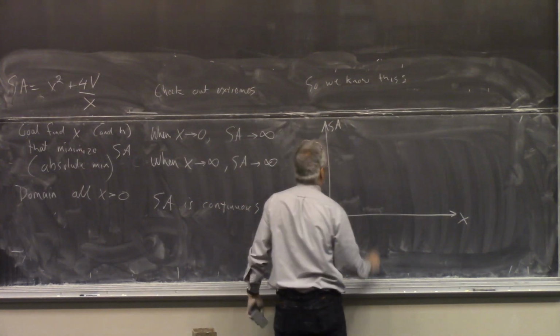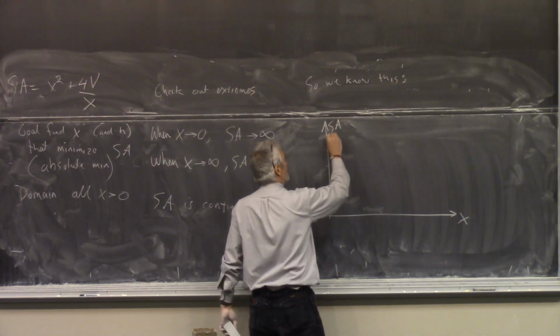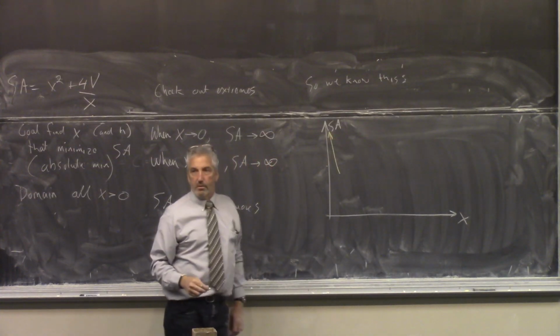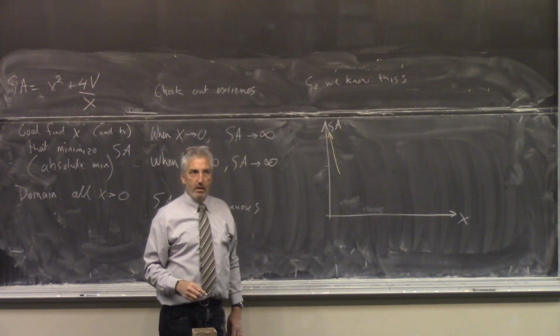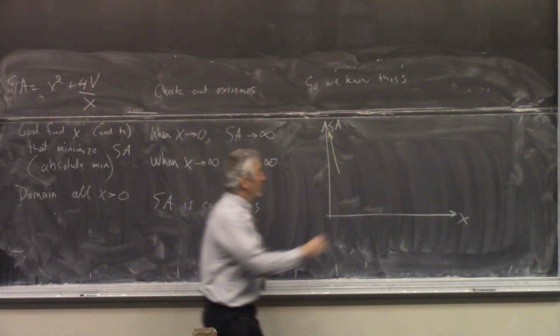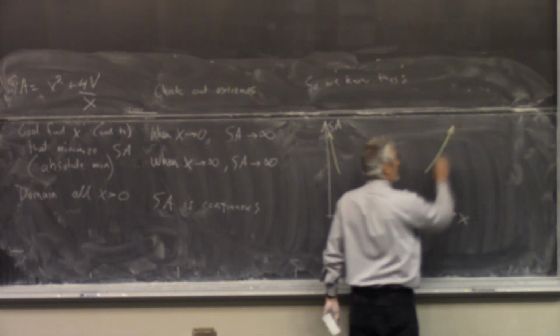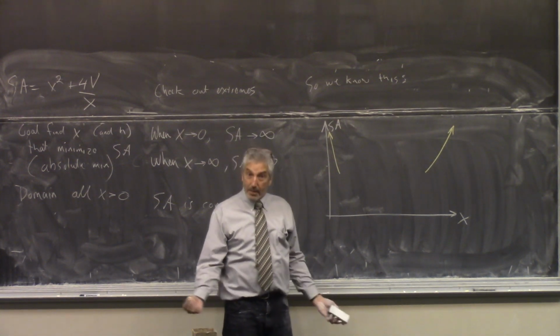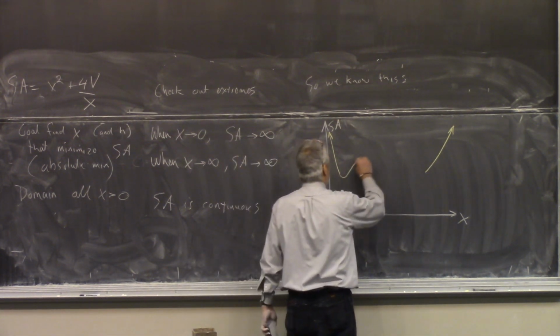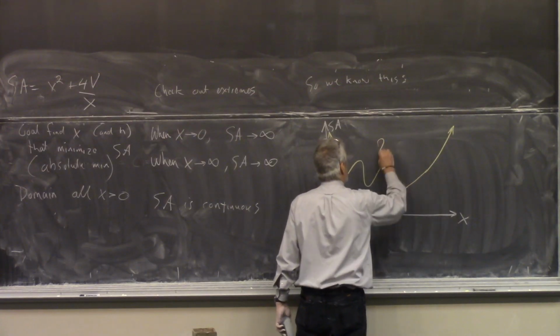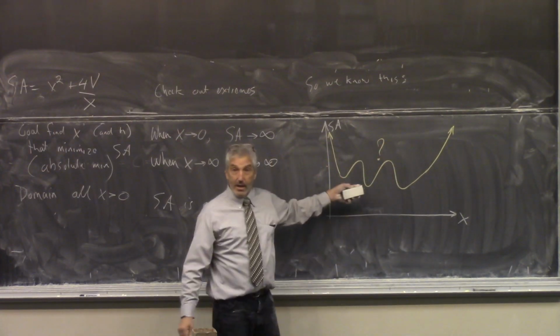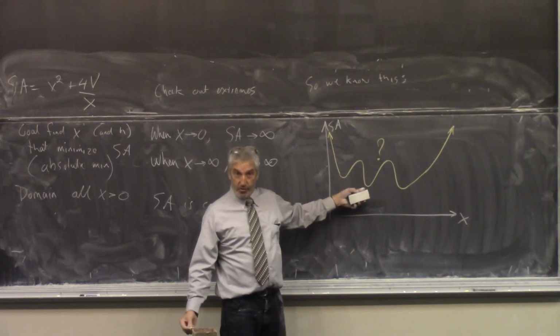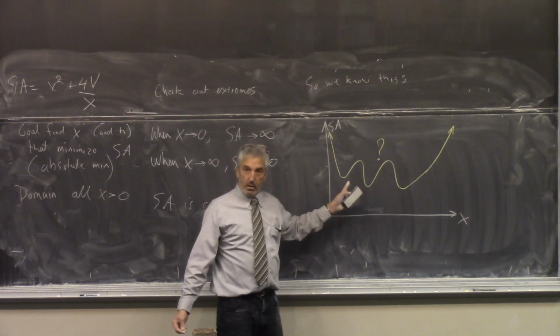We know that the surface area graph blows up. The surface area goes to infinity when x is close to 0. And we know out here, the surface area also blows up. In between, I don't know. But it's got to be continuous, so maybe it does this, I'm not sure. But there's definitely going to be a lowest spot, for sure. There might be more than one local min.